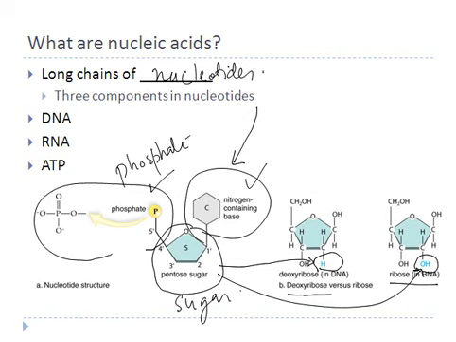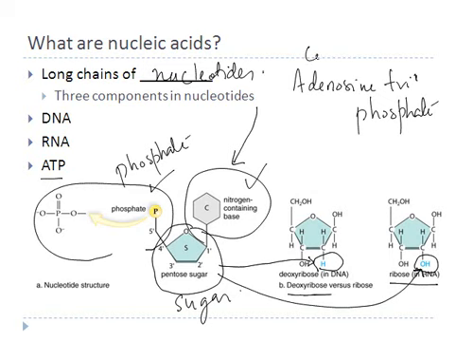Another type of nucleic acid that you will also hear about is ATP, which is adenosine triphosphate. Adenosine triphosphate is the currency of the cell. So this one is not going to be needed for hereditary information. DNA is definitely for hereditary information.